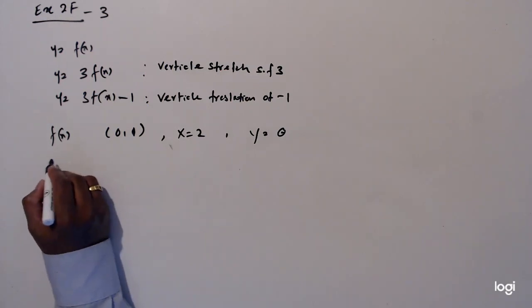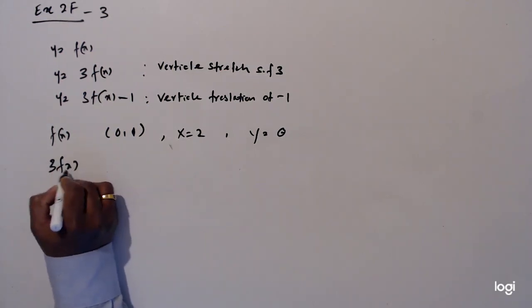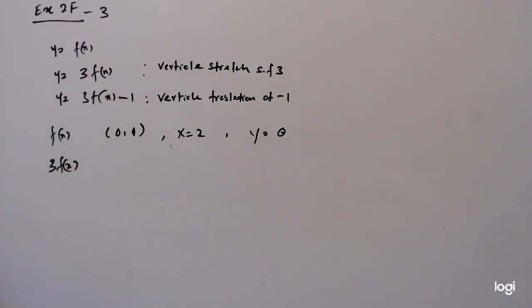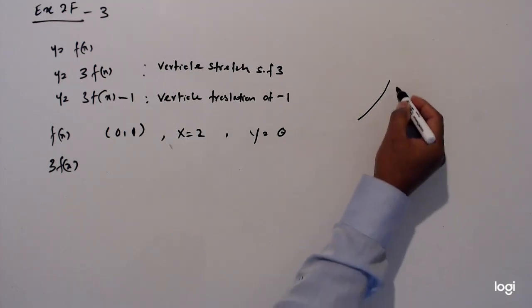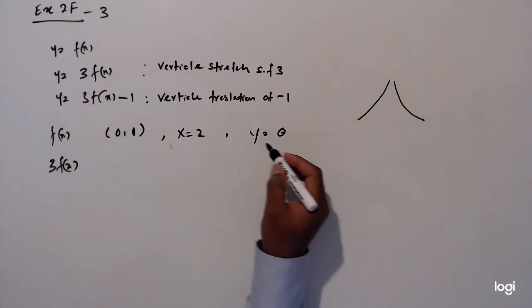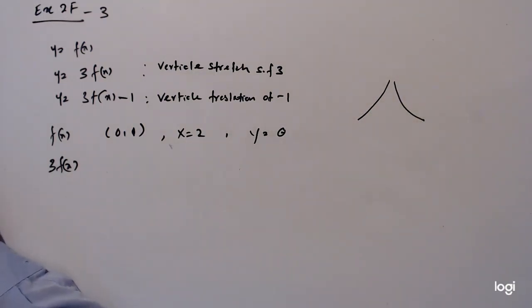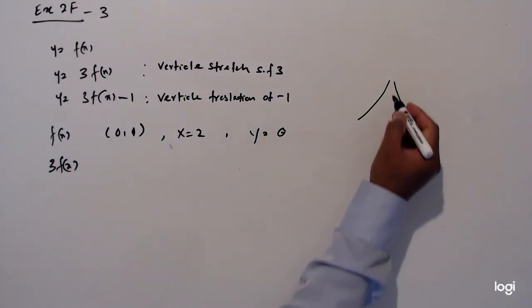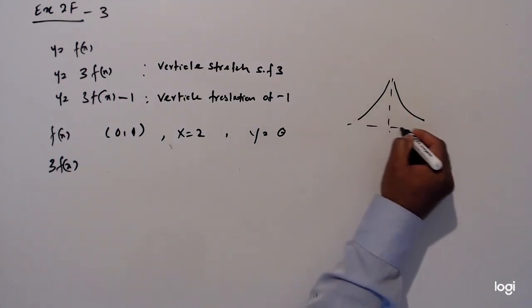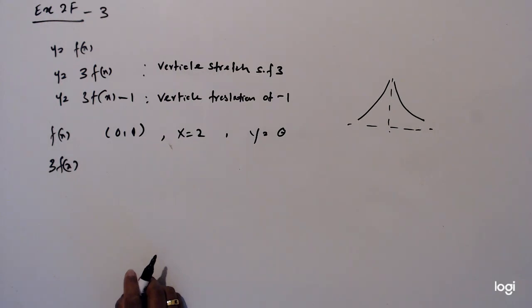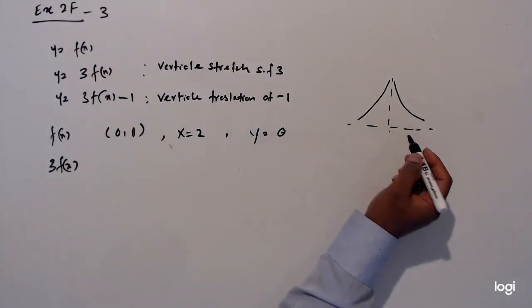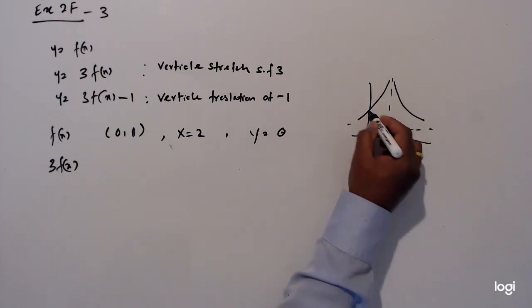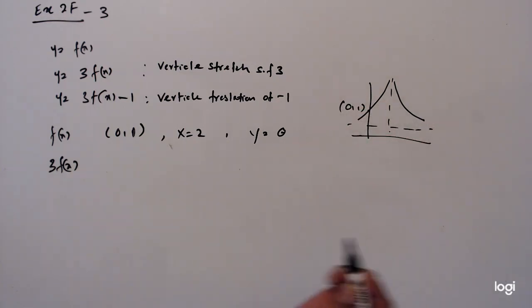So then for 3f(x), I'll consider this one also part of a graph, and two asymptotes also part of the graph. So this is (0, 1), this x-axis is (0, 1).